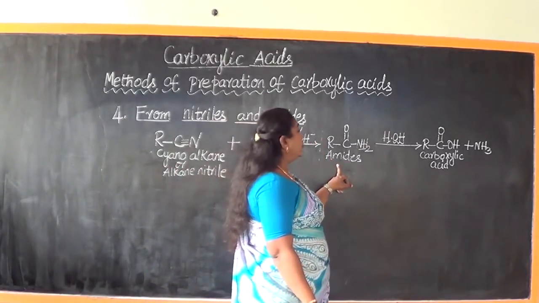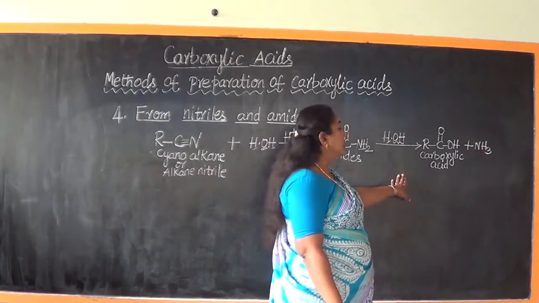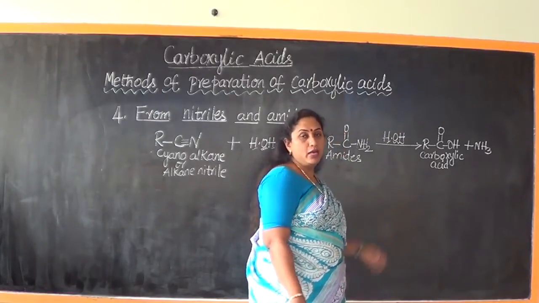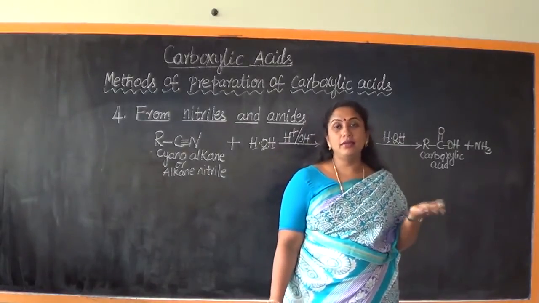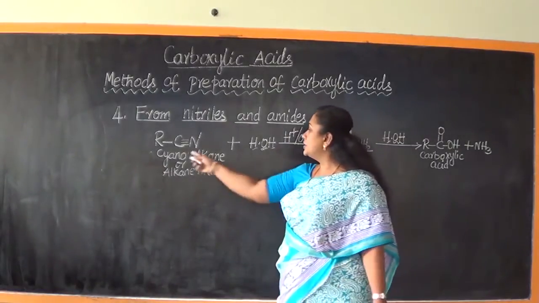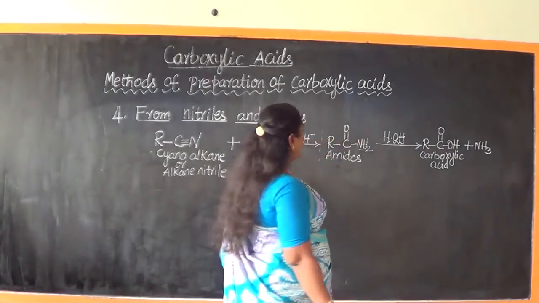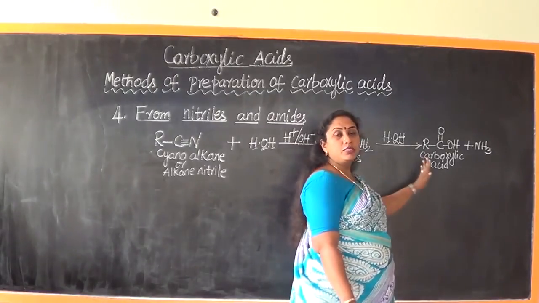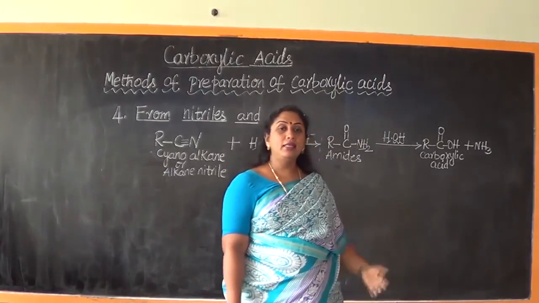So directly from amides what we need to do? Just subject it to hydrolysis and we will obtain the corresponding carboxylic acid with ammonia. So therefore there are no two different methods in here. It is the same route: in between we obtain the formation of amides when we start from nitriles, and amides after obtaining should be subjected to hydrolysis to obtain the corresponding carboxylic acid.